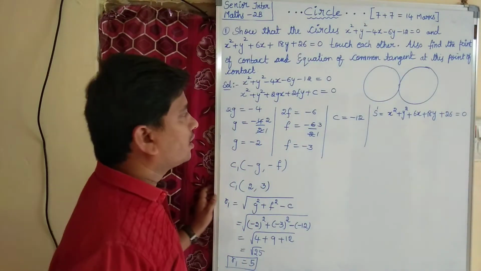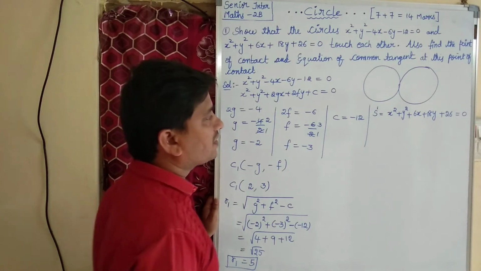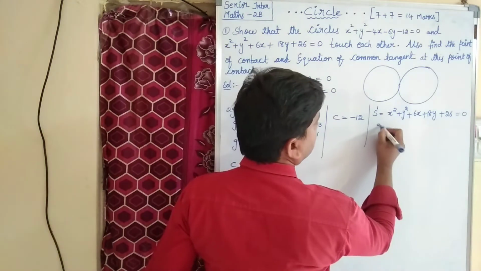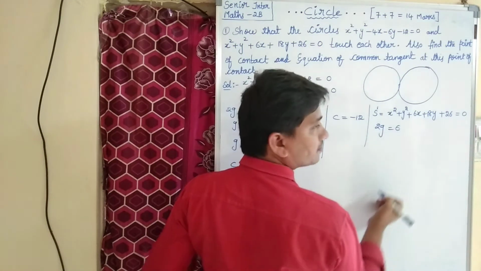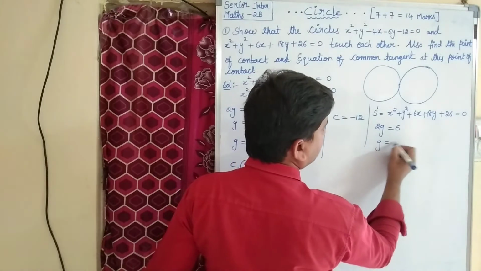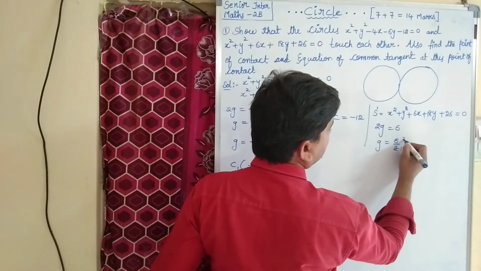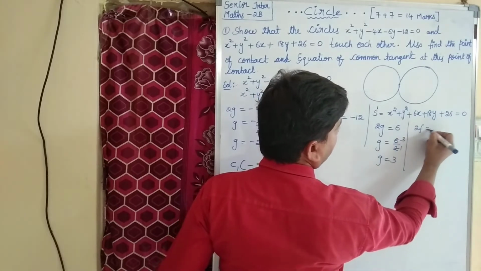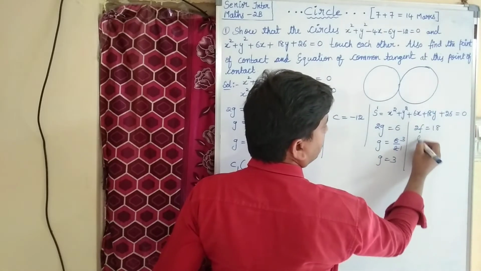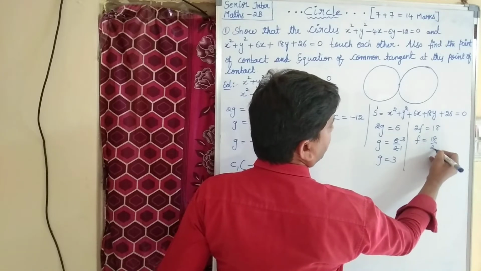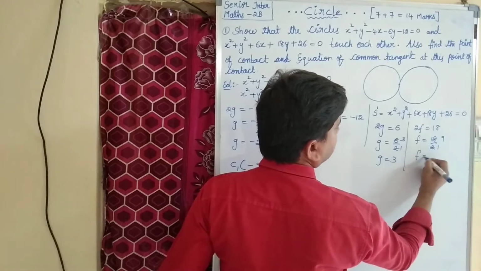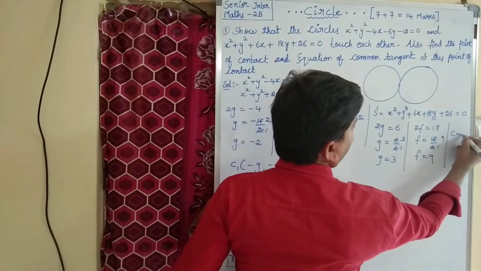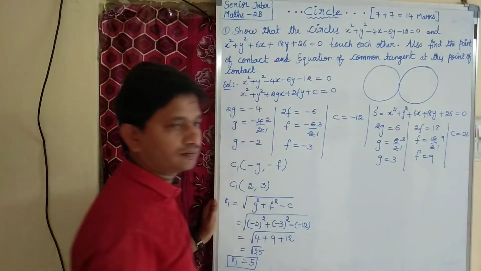Similarly, if you compare the given circle with the standard form of the equation of circle, 2g value is 6, so g equal to 6 by 2, 2 1 jar, 2 3 jar, g value 3, and 2f equal to 18, f equal to 18 by 2, 2 1 jar, 2 9 jar, so f equal to 9, and the value of c is 26.